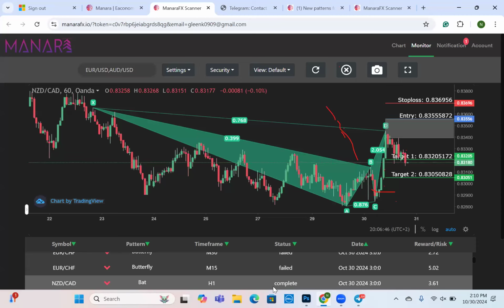So if I want to take this trade, I've seen that it has hit TP1 like this, but it's still saying complete. I can just put it on sell limits or just leave it and go and look for the one that's fully complete, that price has not moved from where it is. I don't know if you understand my point.